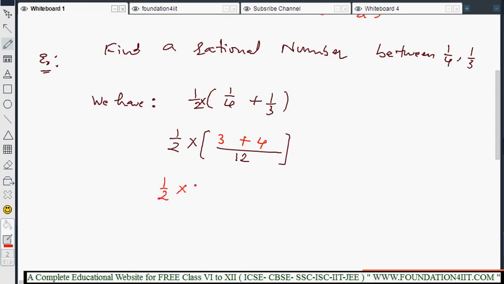Now 1 by 2 into 7 by 12. Like normal multiplication, 1 into 7 by 2 into 12, that is 7 by 24. So 7 by 24 is the number between 1 by 4 and 1 by 3.